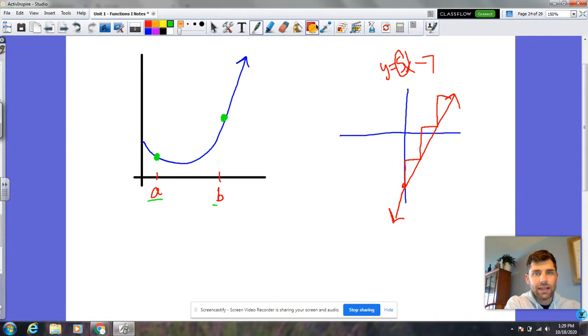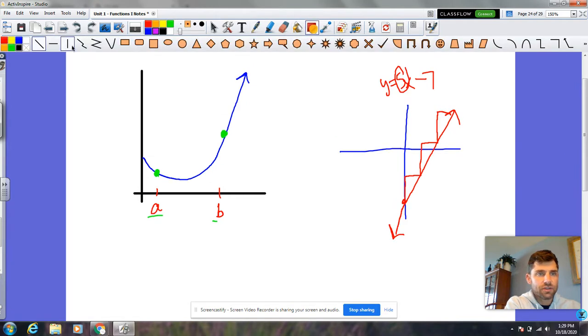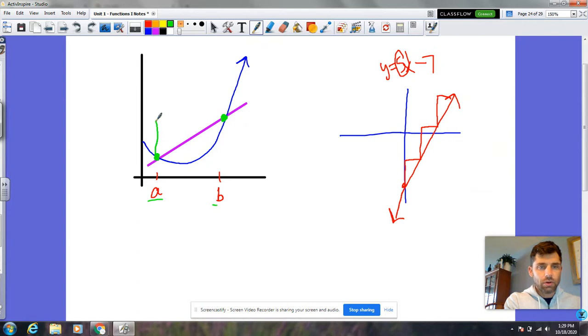So this secant line, or this slope of a secant line going through those 2 points, would look something like that. What the average rate of change does is it gives us the rise over run, the slope, between 2 points that are not necessarily on a straight line, obviously.